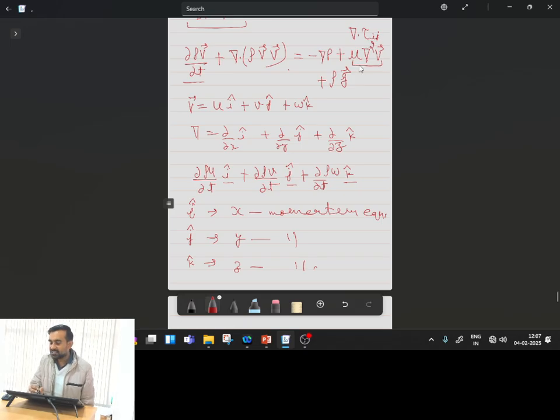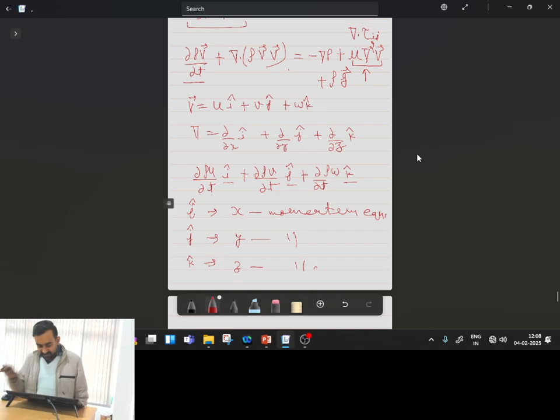I have replaced this tau with mu times the rate of strain in terms of gradients of velocity. This type of formulation is applicable only if I assume a Newtonian fluid having constant viscosity. That is the reason when I do this substitution, this equation is only applicable for Newtonian fluid. Are all clear with this idea?